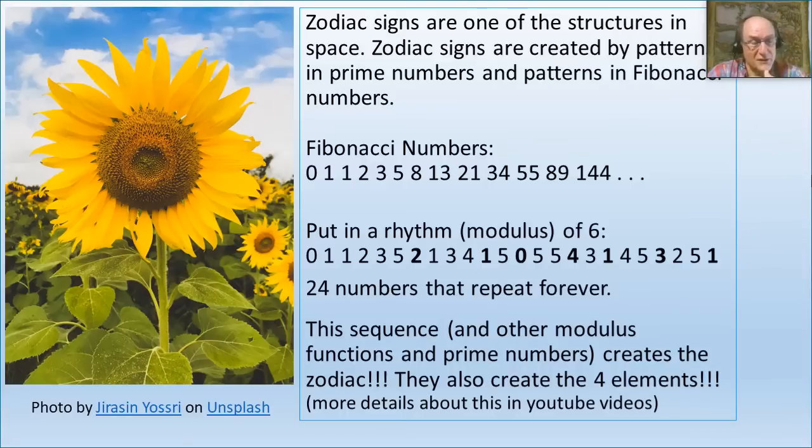There's a sense of spin, of interconnectedness, because what happens is when you take this sequence of numbers, that's growth, that is very closely connected to life forms, it's also closely connected to the golden ratio.